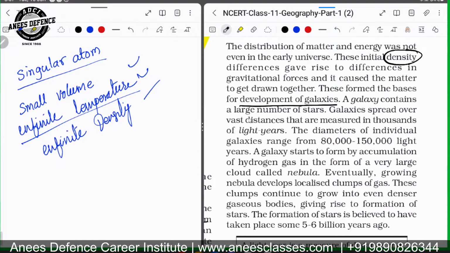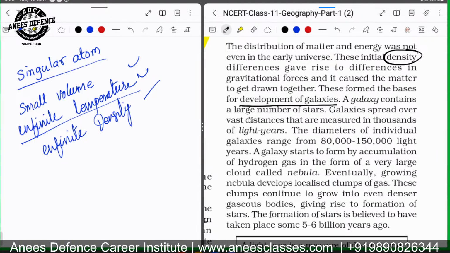Difference in density leads to different gravity, because the formula of gravity is G m1 m2 divided by r square. So density will be dependent upon the mass, right? The more is the mass, more is the density, right? So that led to the formation of gravitational force.